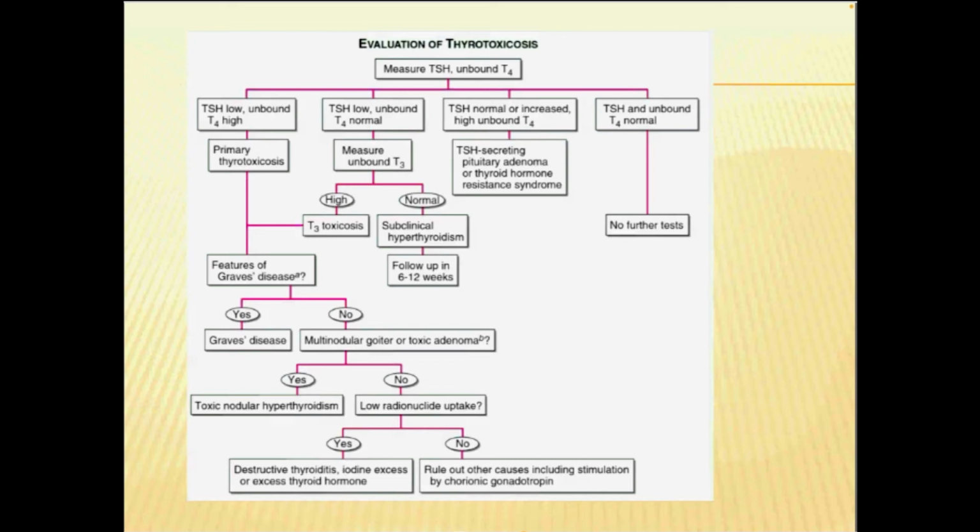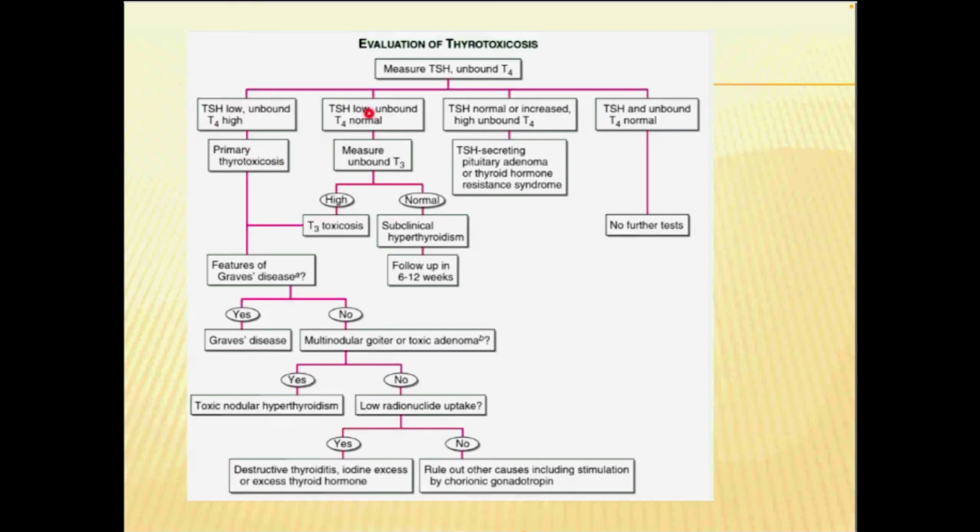So measurement of TSH is important initially, and then you will go for free T4 because free T4 constitutes around 80% of T3 production. If TSH is low and T4 is high, then it is primary thyrotoxicosis.